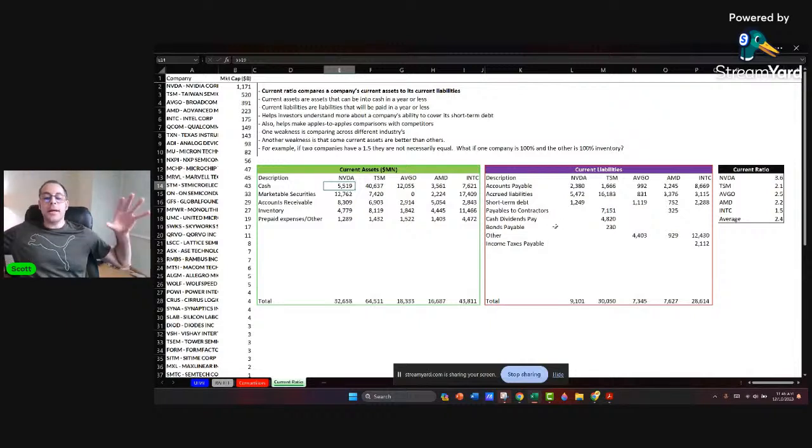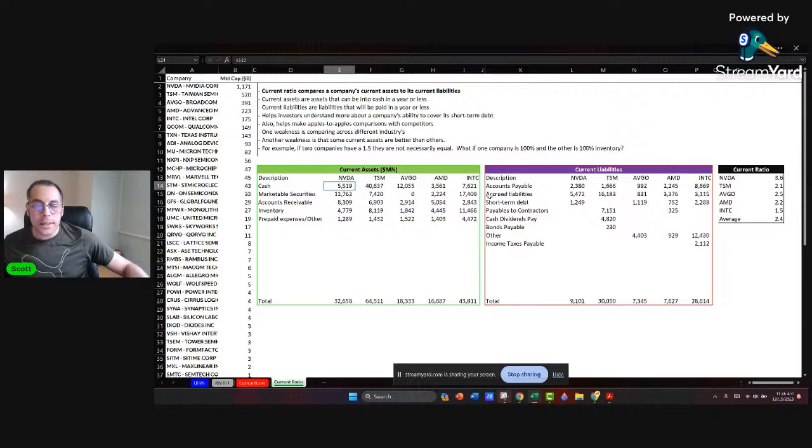So this gives us a good idea of how liquid these companies are. If you were looking at these 5 companies, in this case they aren't too much of a risk, but if there were 5 smaller companies, it would maybe give you a better sense of who is in bad shape.